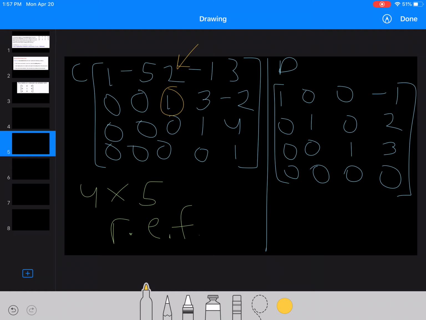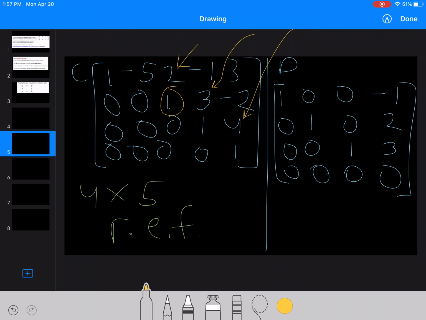The reason it's row echelon form is because I have a stair-stepping pattern with my rows. My leading term is 1 on the first row, 1 on the second row, 1 on the third row, and on the fourth row, there's a 1. The only difference is it's not reduced row echelon form because of that 2 there, and also there's a 3 here, and a 4 here. There's lots of reasons, but let's look at the next one.